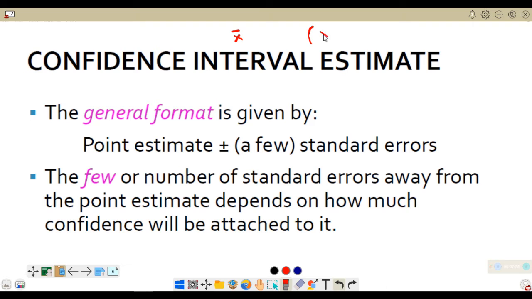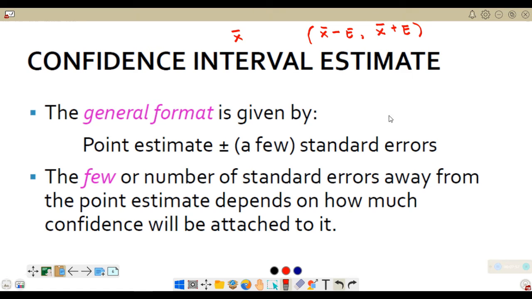Yung range mo, it is plus minus a few standard errors away from your point estimate. So, dito, mas malapit sa reality yung makukuha mong range. You can assume that the true characteristic of the whole population is within this interval or nasa loob siya nitong range na to.